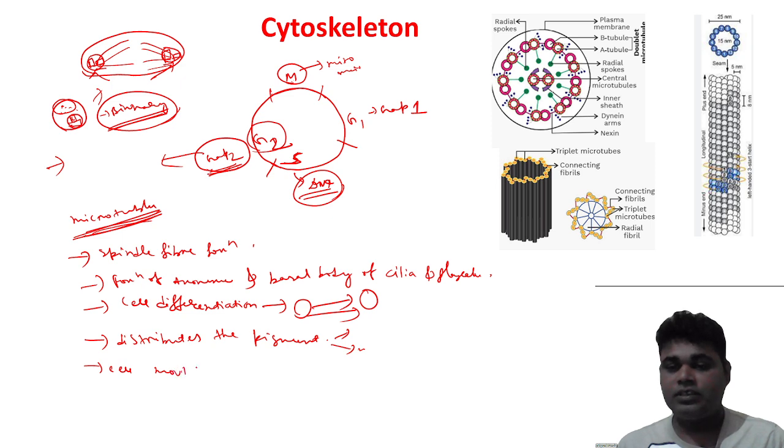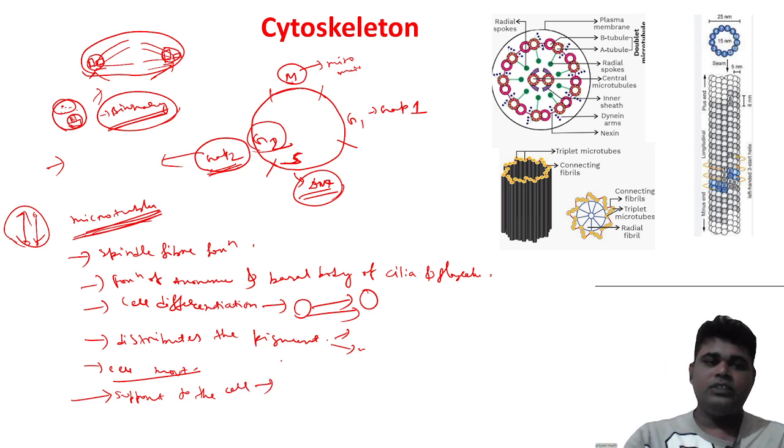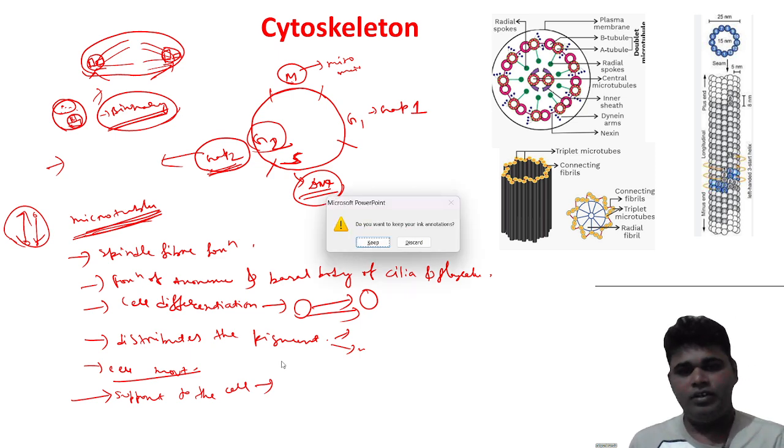That means during gastrulation, one cell goes to another, or one cell comes back again. This cell movement occurs by the microtubule, and most importantly it provides support to the cell or to the organism. So this is all about the structure of the microtubule.